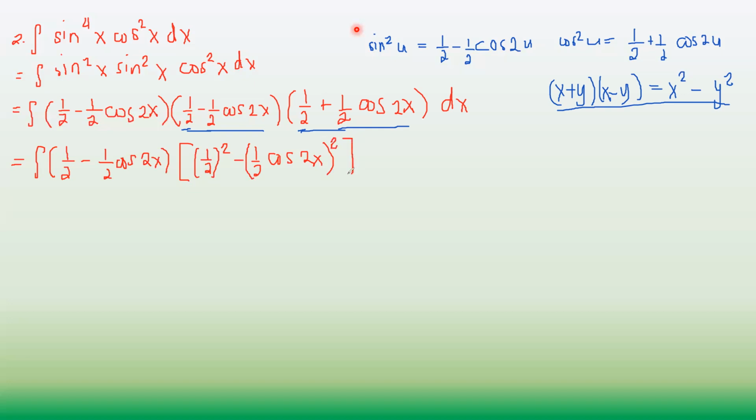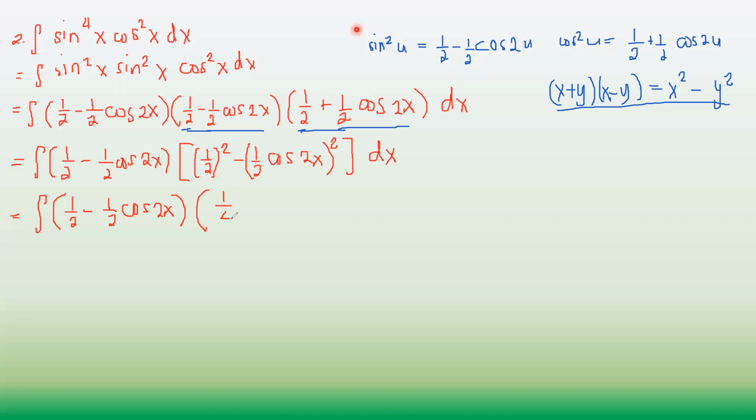Gumamit tayo ng special product. Now simplifying, we have the integral of quantity 1 half minus 1 half of cosine 2x dx, times, tayo 1 squared is 1, 2 squared is 4.